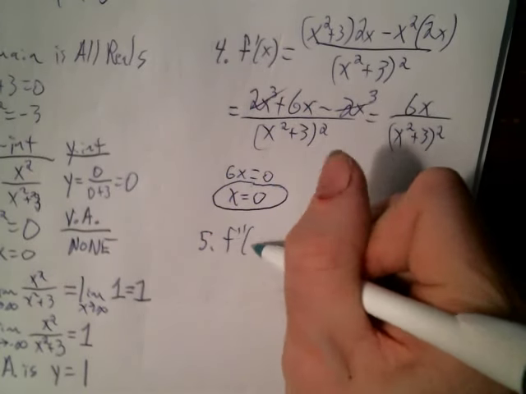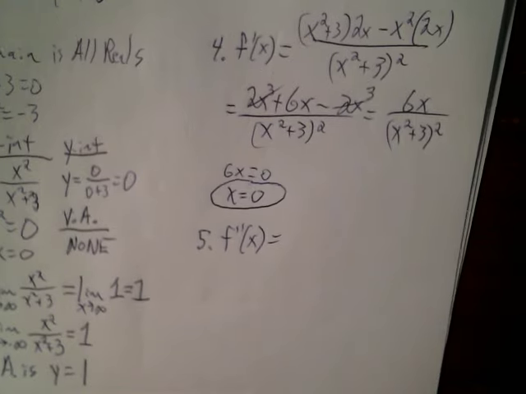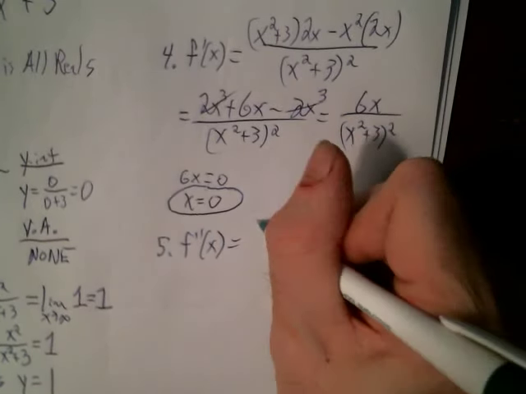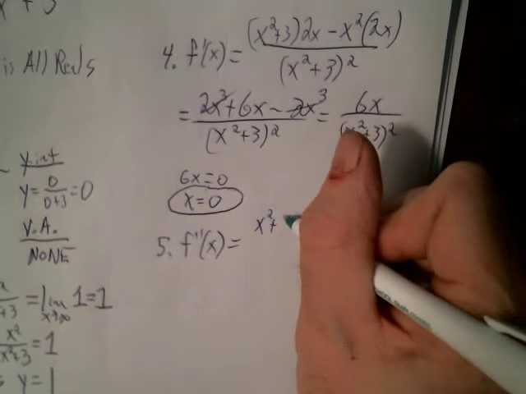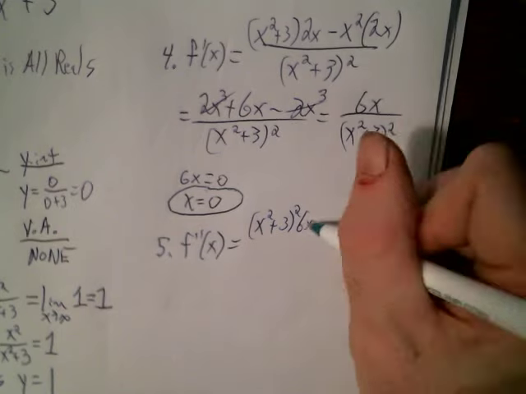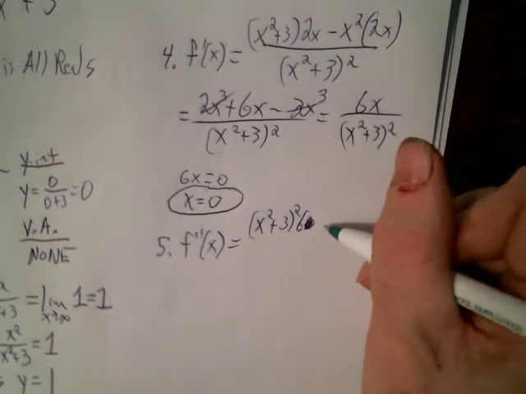Then, the second derivative. Again, we go low d high minus high d low. So low d high is x squared plus 3 squared times 6x. Low d high, so it's just 6, sorry.